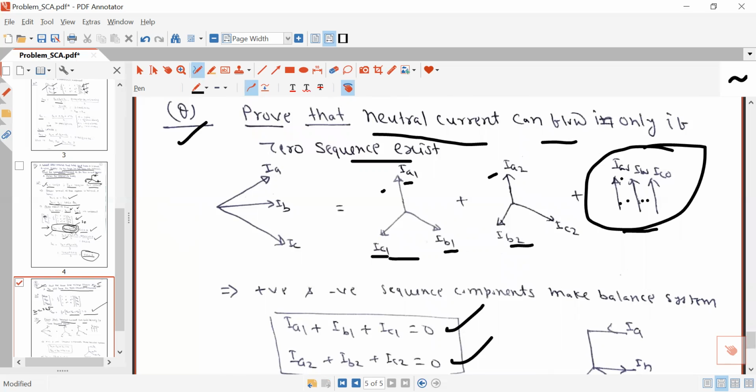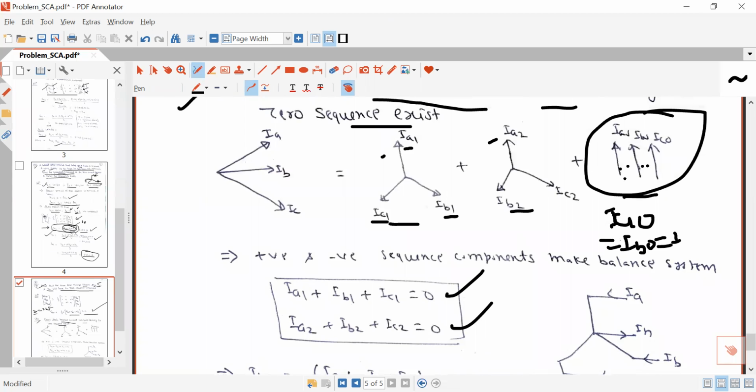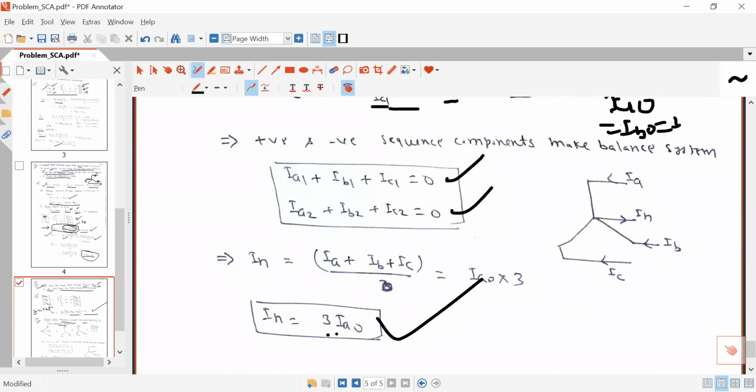Neutral current will be IA naught plus IB naught plus IC naught. And as you know, IA naught is equal to IB naught is equal to IC naught. So when you add these three, you will get 3 IA naught. The sum of these three will be the neutral current because neutral current is the sum of the phase currents. So when you add these three phase currents in the zero sequence network, you will get 3 IA naught, and this phasor will be the neutral current.